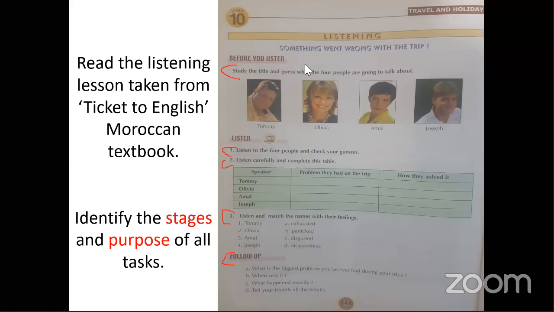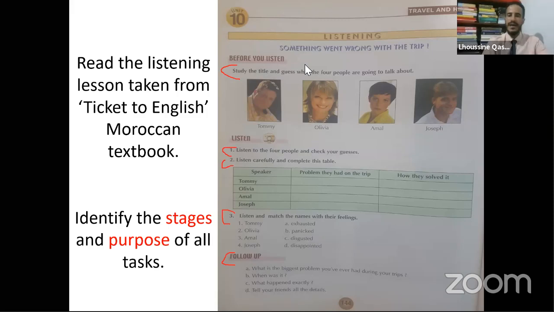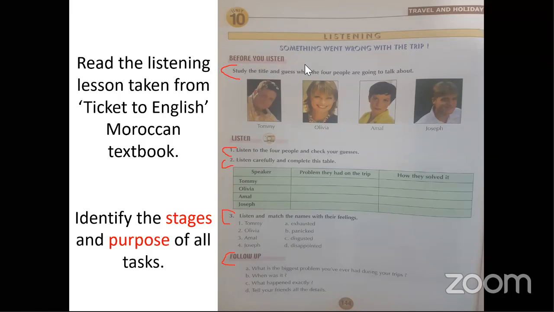Hello, everyone. I think that number 1 is prediction, because you have to study the title and guess what the 4 people are going to talk about. Yes, Wahida, my question. Number one, what is the stage? Is it the pre or the while or the post? It's the pre-listening stage.